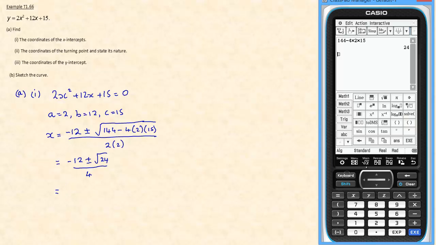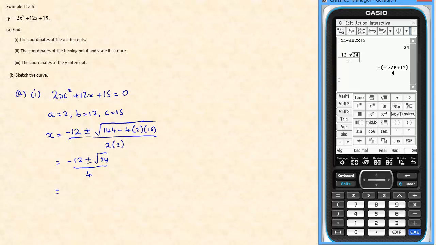So negative 12, add the square root of 24 divided by 4. I've got this in standard at the moment. If I press execute, it will actually give me an exact answer.